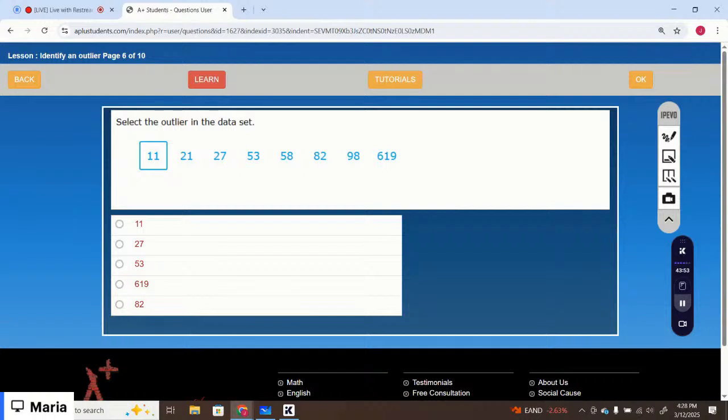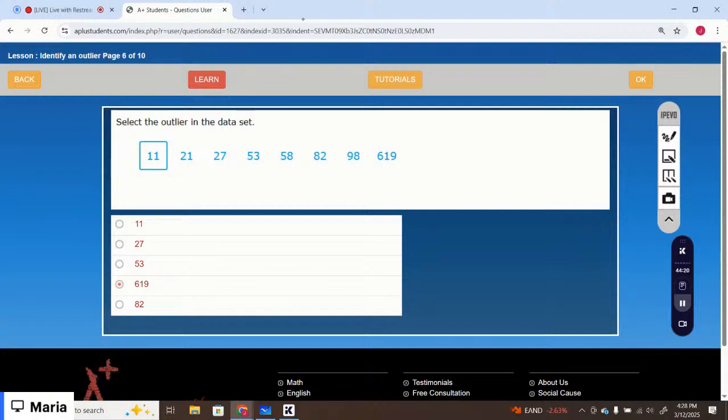Select the outlier in the dataset. So, which is the correct option? That is 619.